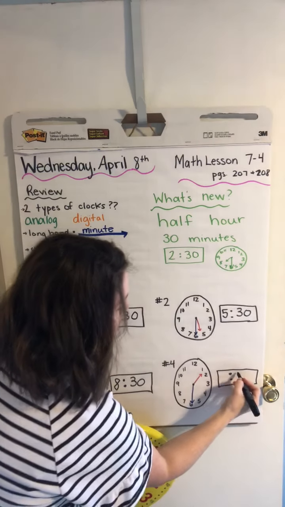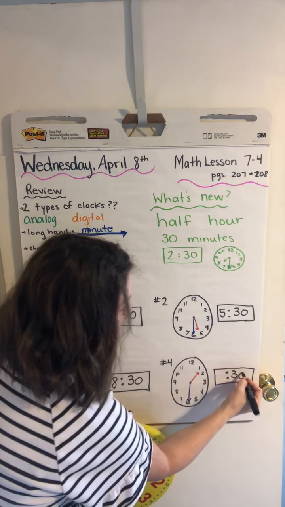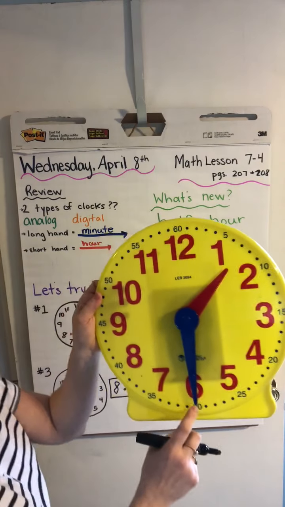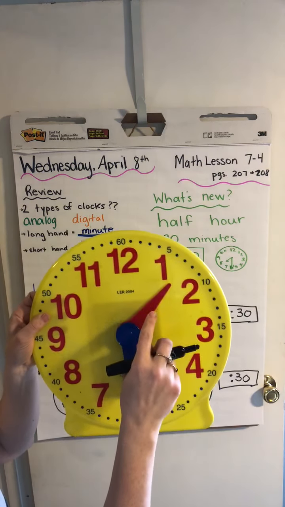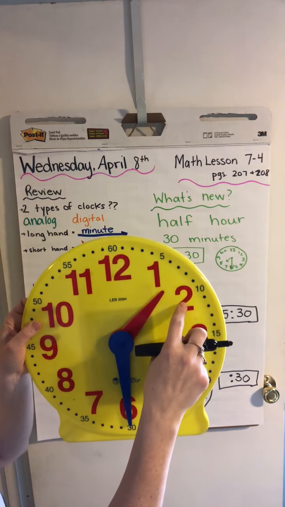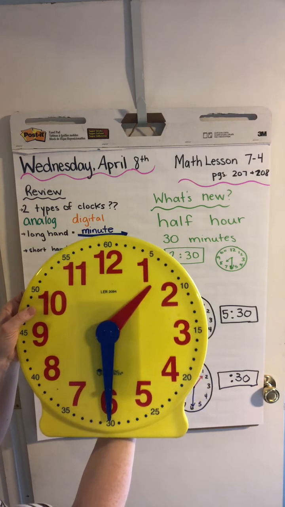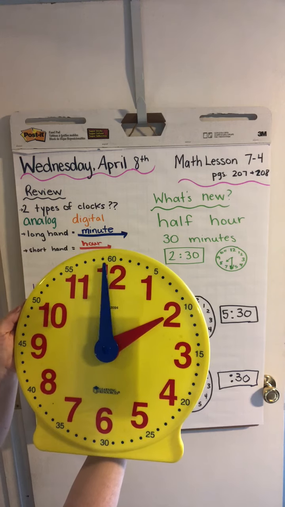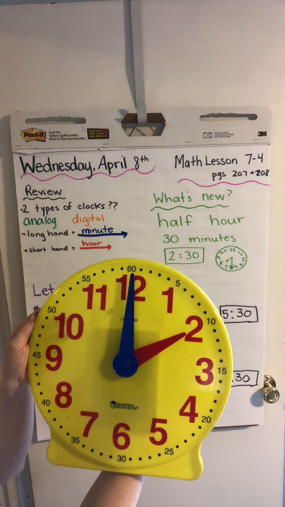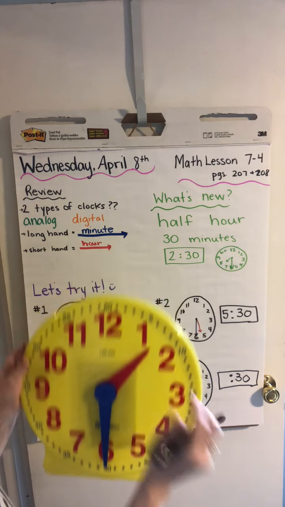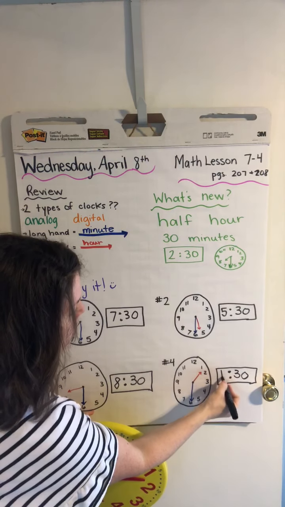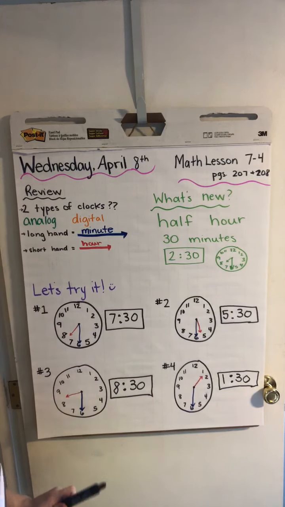And some of you might, by now, already have that memorized, that that's 30 when it's at the 6. Looking at the hour, it's between the 1 and the 2. If my clock were to keep going, it would soon be 2 o'clock, but it's not 2 o'clock yet. It is still 1. So our time here is 1:30.